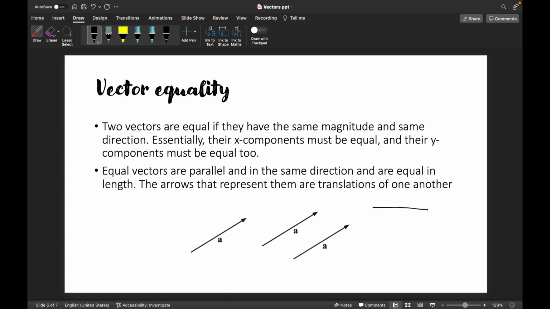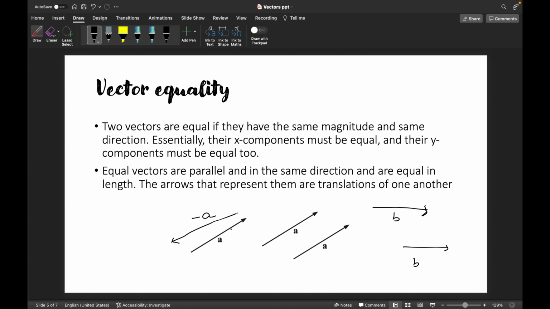If you have this one, let's say this is B, these two vectors are not equal, but this would be, because they have the same magnitude and they have the same direction. And if they were in opposite directions, this would be minus A because they're negative vectors.